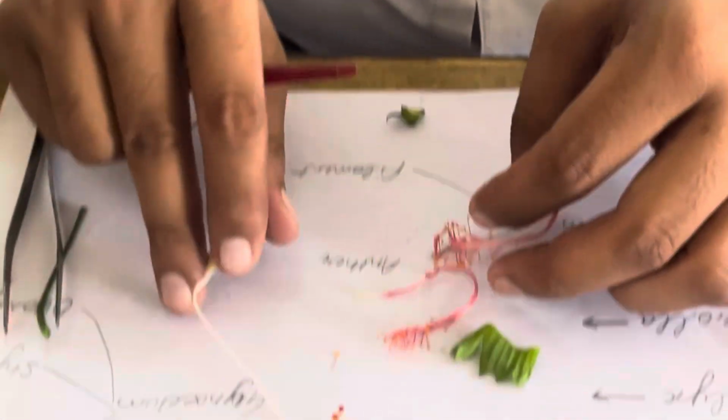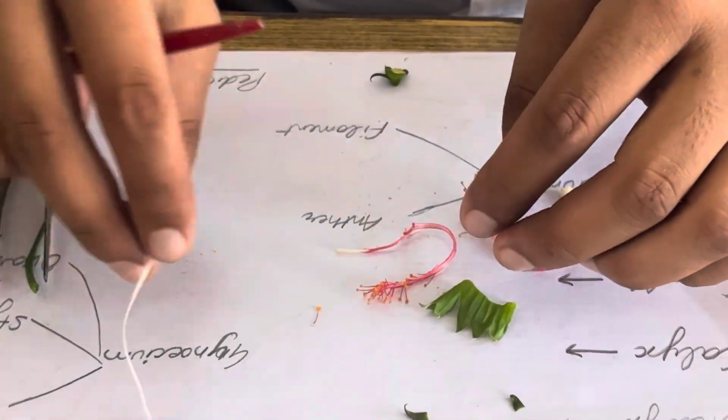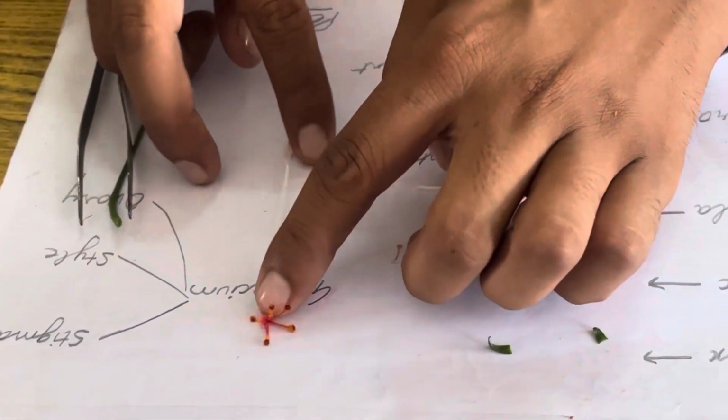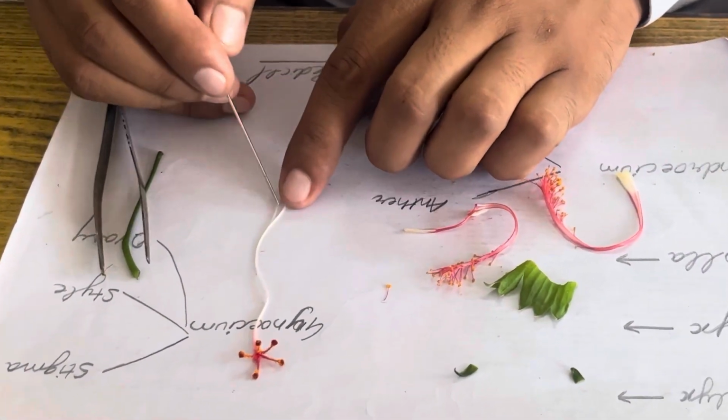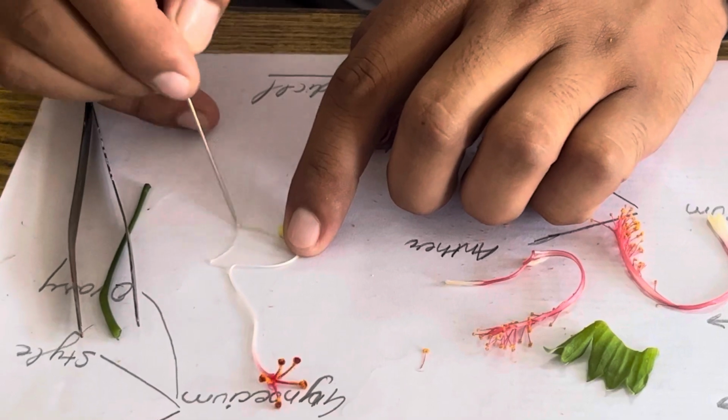Now you can observe that we have found the gynoecium, right? This is the female reproductive part of Hibiscus rosa-sinensis.